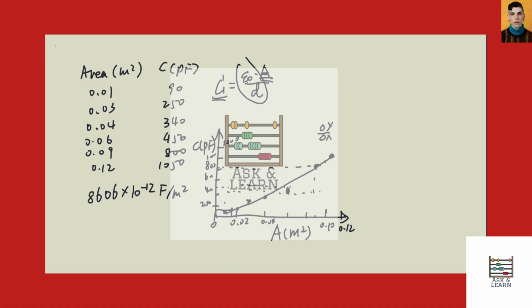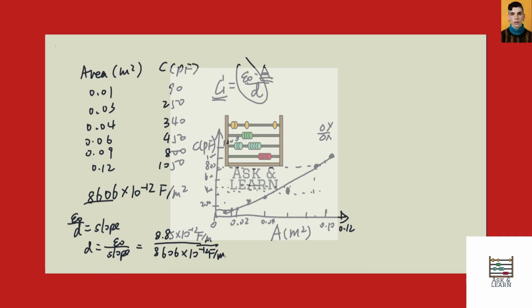So from that we can find D, because epsilon naught over D is the slope, so D is epsilon naught over slope. Epsilon naught is 8.85 times 10 to the negative 12 farad per meter, and this is 8.606 times 10 to the negative 12.